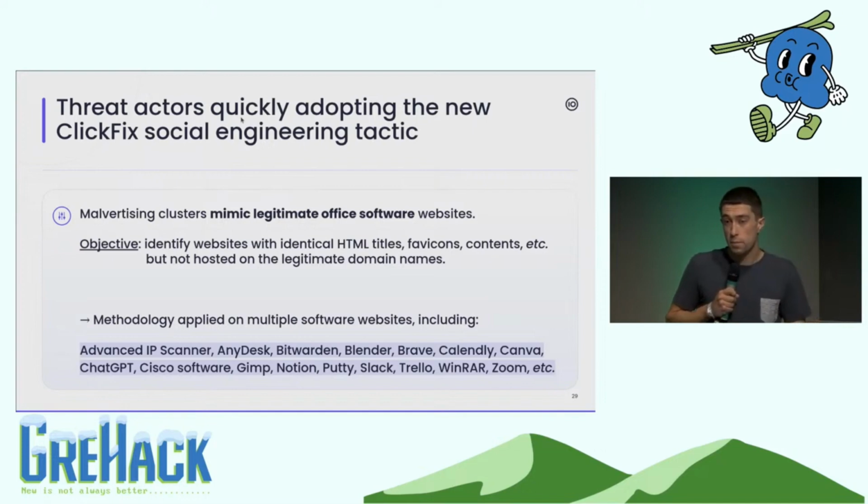By applying this methodology to multiple software websites which are impersonated by threat actors, we can proactively find new malicious domain names. We apply this methodology to Advanced IP Scanner, AnyDesk, Bitwarden, and so on. So here is an example to illustrate this methodology.